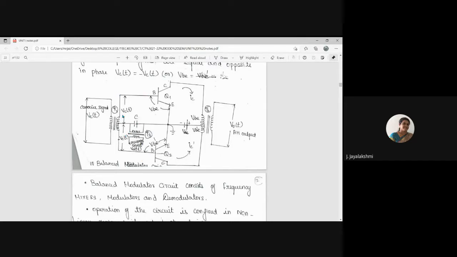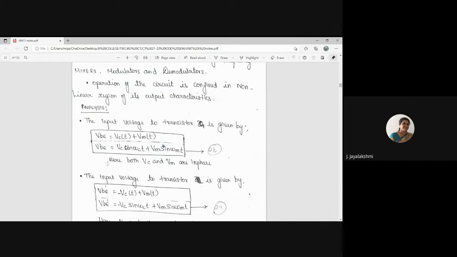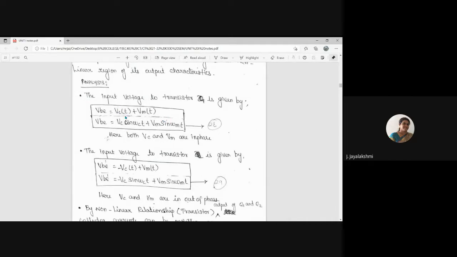This is for the positive Vc of t, and because of the center tap, it is going to be minus Vc of t. So minus Vc of t gets added with Vm of t, and plus Vc of t gets added with Vm of t at the bases. Vc of t is Vc sin omega ct, Vm of t is Vm sin omega mt. Of course, this is at the input of the first transistor.